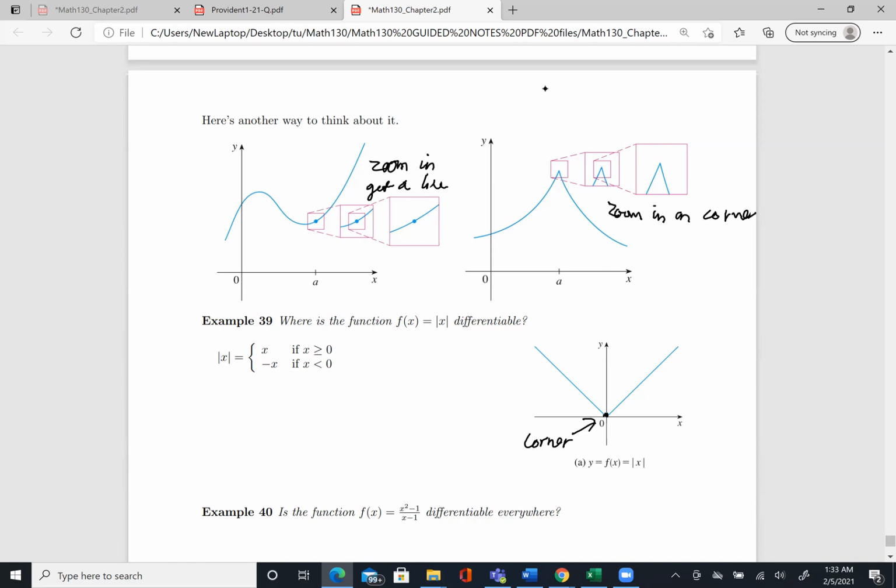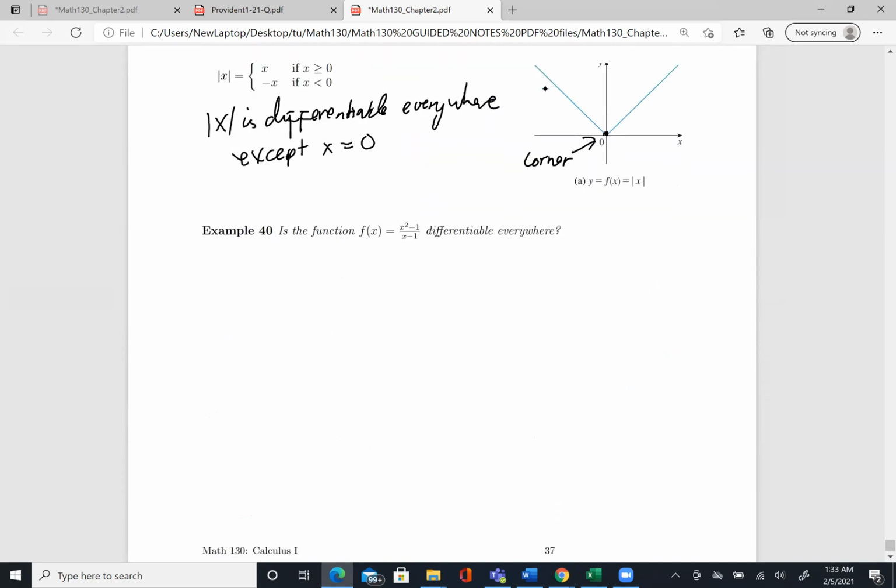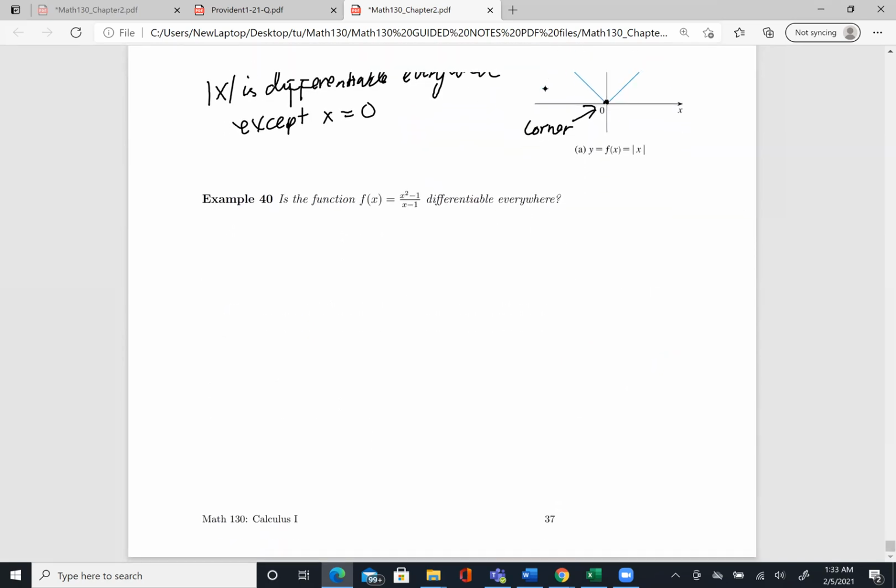So we can say the absolute value of x is differentiable everywhere except x equals 0. Only at that point. Other than that, everything else is good. So we're just going to say that.